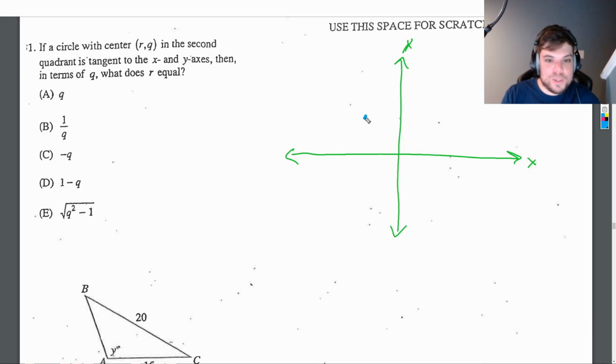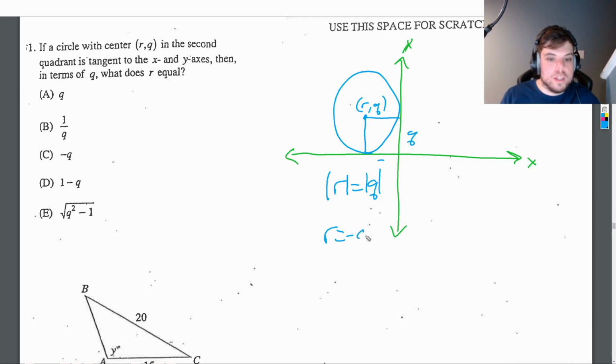Ooh, that's really cool. So just by drawing it, hopefully it's obvious that since it has to be tangent to both, R and Q in absolute value have to be equal. Now in reality, we know R is negative and Q is positive.